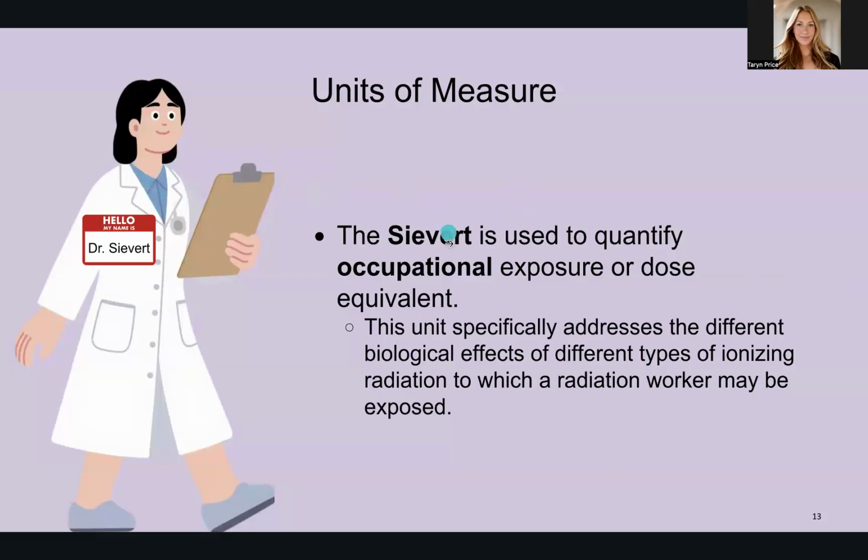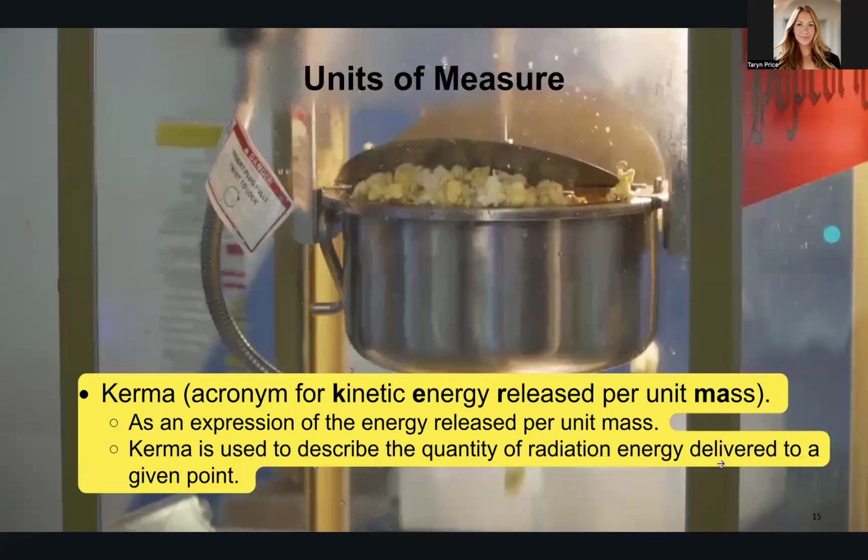Okay, so another special unit is a sievert. So a sievert is used to quantify occupational dose. That's important for us. So if we think about Dr. Sievert and their occupation here, we can maybe remember that, that's the occupational dose.